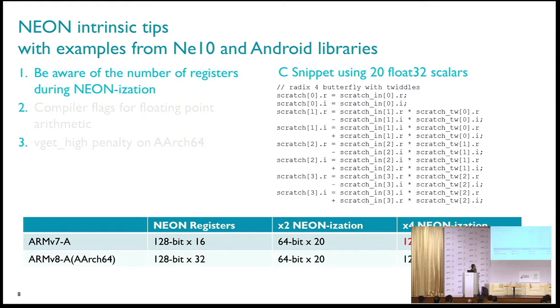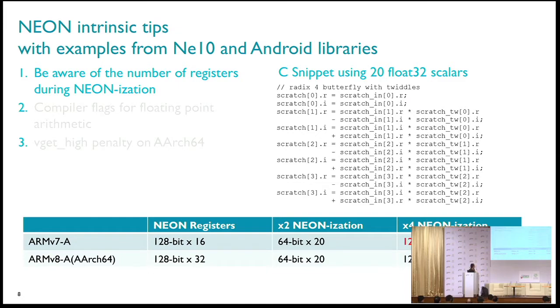If we perform 2 of them at a time, it requires 20 64-bit Neon registers. And if we perform 4 of them at a time, we will use 20 128-bit Neon registers at a time.